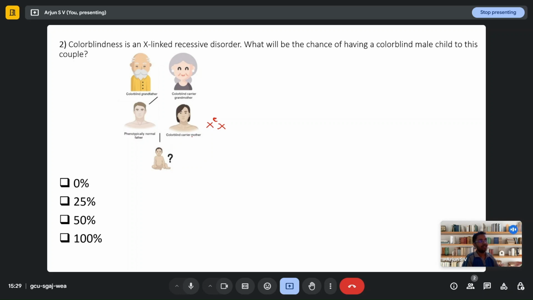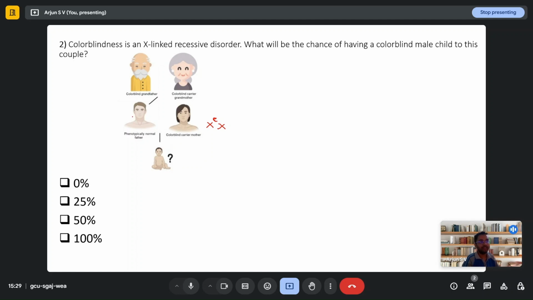If the mother is a colorblind carrier and colorblindness is an X-linked recessive disorder, only if both X's have the colorblindness gene will the mother be colorblind. But the mother is a carrier, so only one X chromosome will carry the colorblindness character. So the mother will have X^C X normal, and we have a phenotypically normal father.